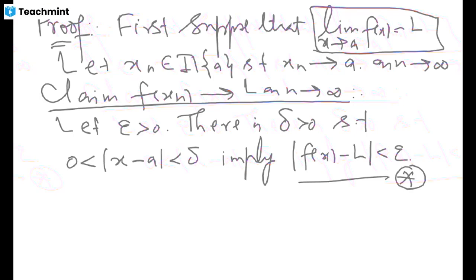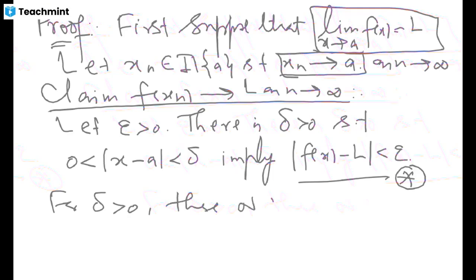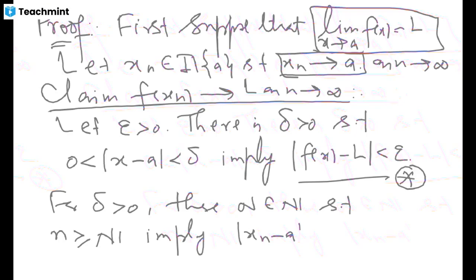But at the same time, because now you have found a positive number delta, you use the definition of the convergence of the given sequence xn converging to a. By the convergence of the sequence, there is a natural number N such that whenever n is bigger than or equal to N, it will imply, because the sequence is convergent, |xn - a| is less than delta.